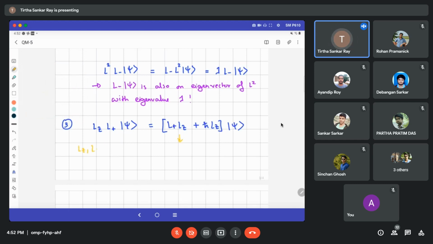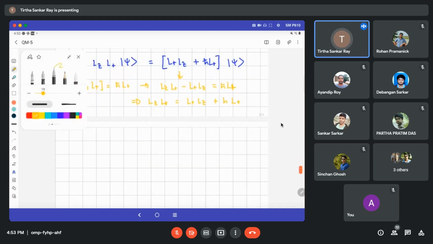Remember, Lz comma L plus we proved to be equal to H cross L plus. So if I write this out explicitly, Lz L plus minus L plus Lz is equal to H cross L plus. Oh, sorry, I made a mistake. Sometimes doing things explicitly is good. So it implies that Lz L plus is equal to L plus Lz plus H cross L plus. It's just trivial algebra.